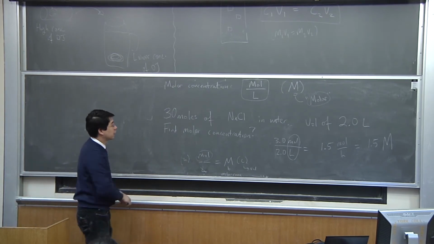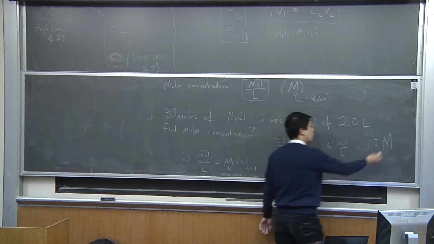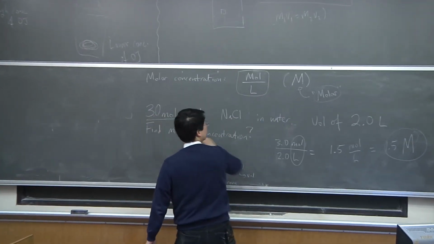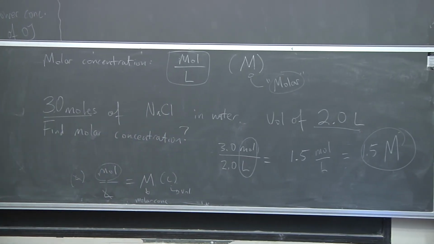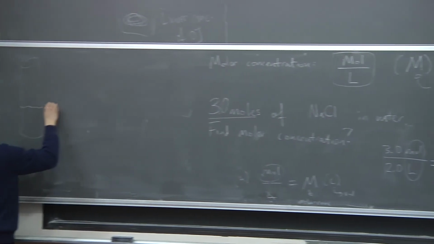If I take this solution here, it has a concentration of 1.5 molar. It's 3 moles in 2 liters. Let's say I have a container and it's up to here, this is 2 liters.